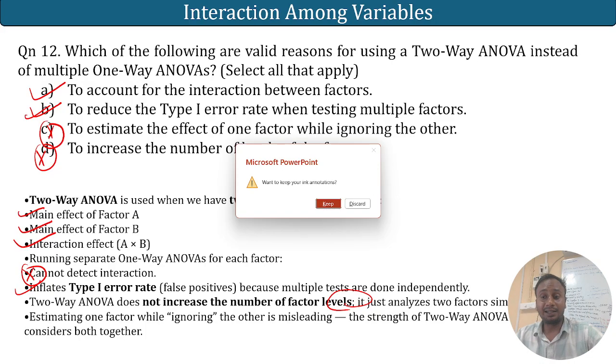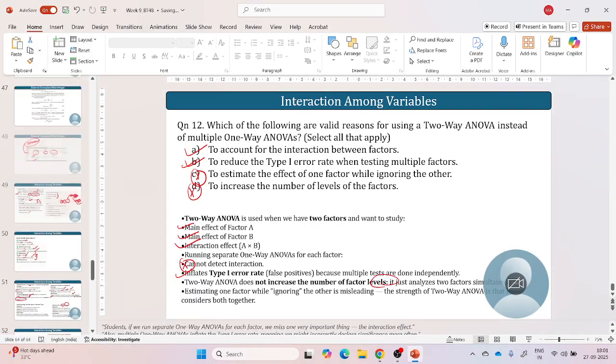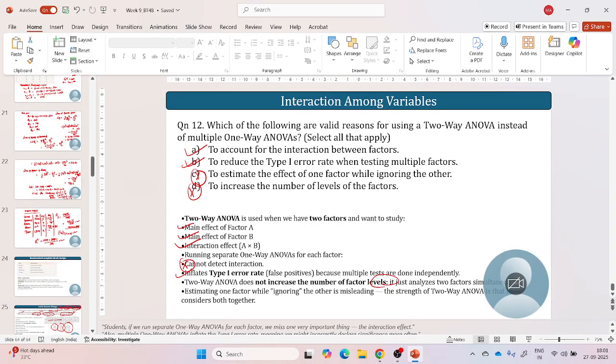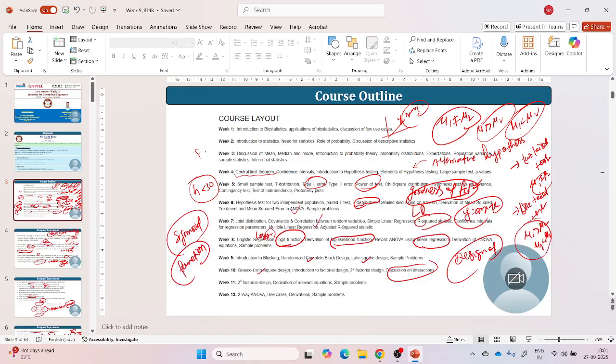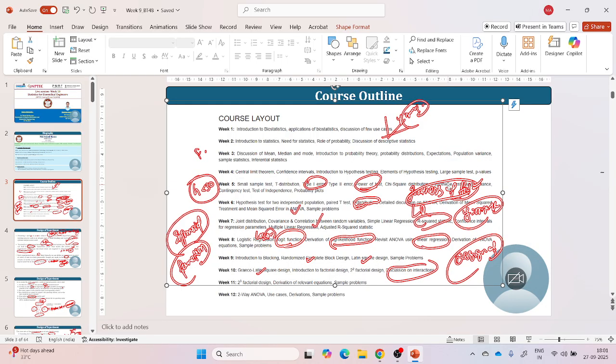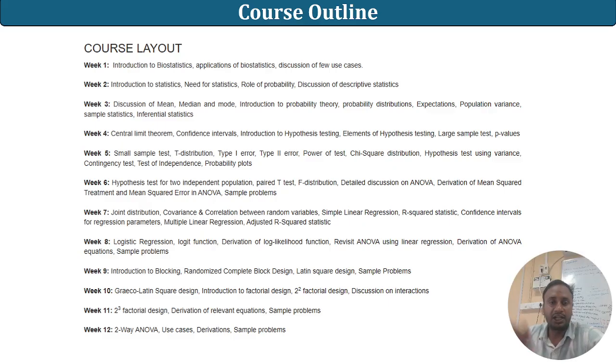So I think till here it's all clear. Yes, sir. Today's class was very clear. Okay, so for the next session, we are left with two more weeks. In those two weeks, we will discuss more of factorial design, the 2 to the power k factorial, then we'll come to the ANOVA.